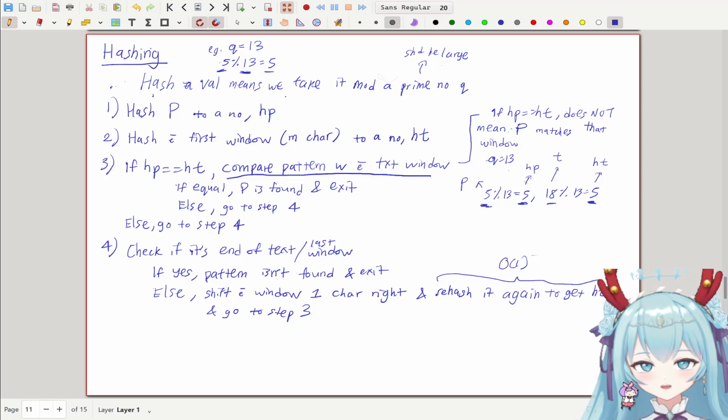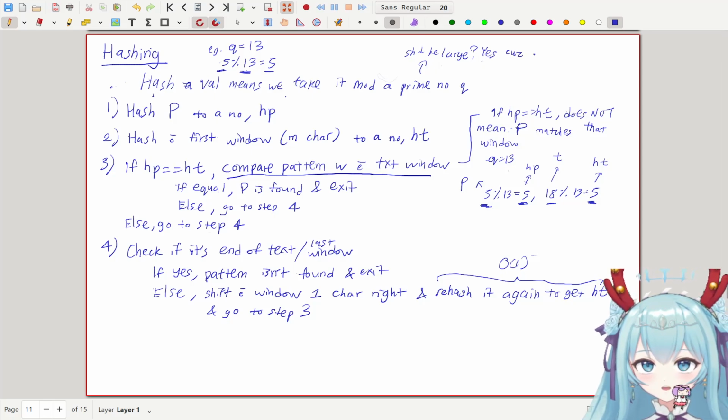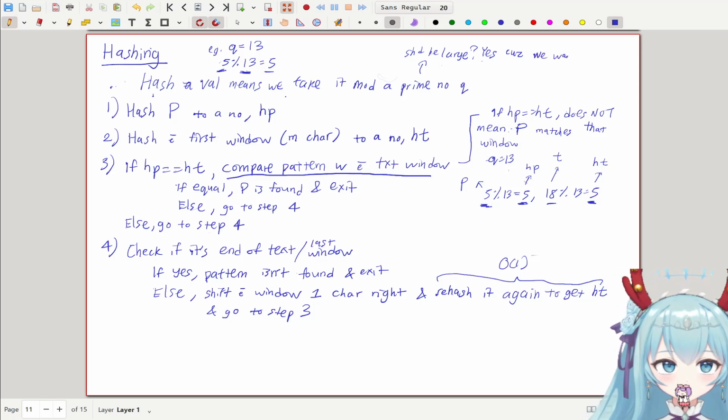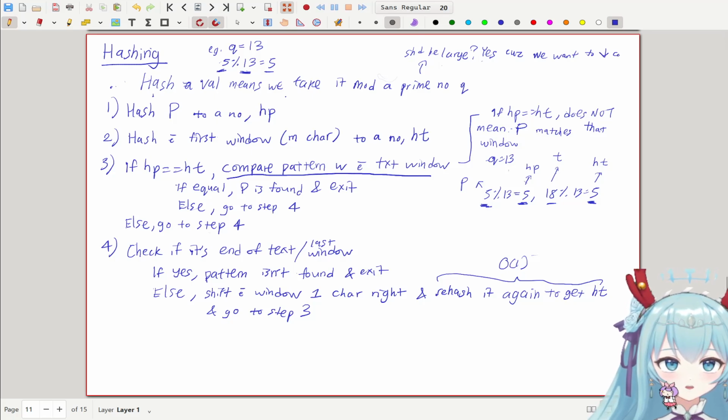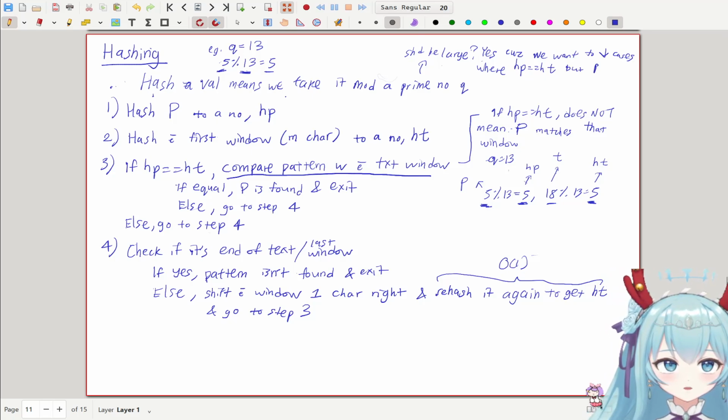And another thing is, why should the prime number be large? It should be large because we want to reduce the number of cases where hp equals ht, but p doesn't match the window.